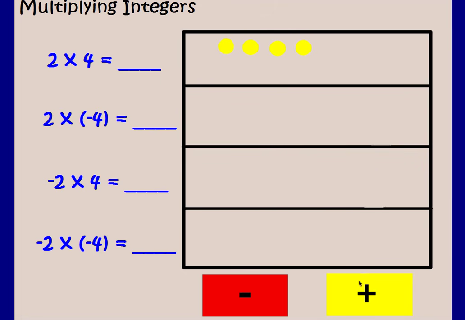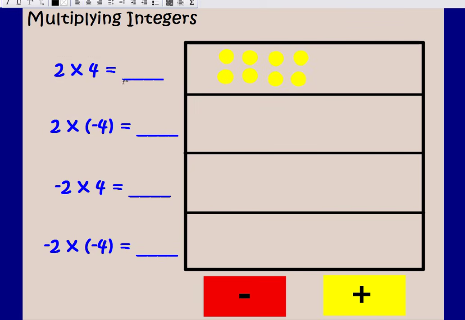So there's one group of 4, and here is the second group of 4. So if I were to add them all up, I would get a positive 8. So 2 times 4 equals positive 8.